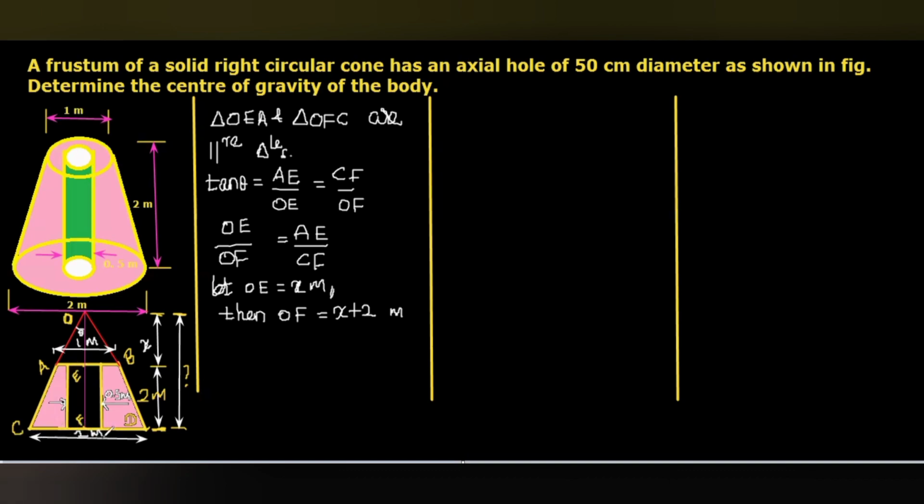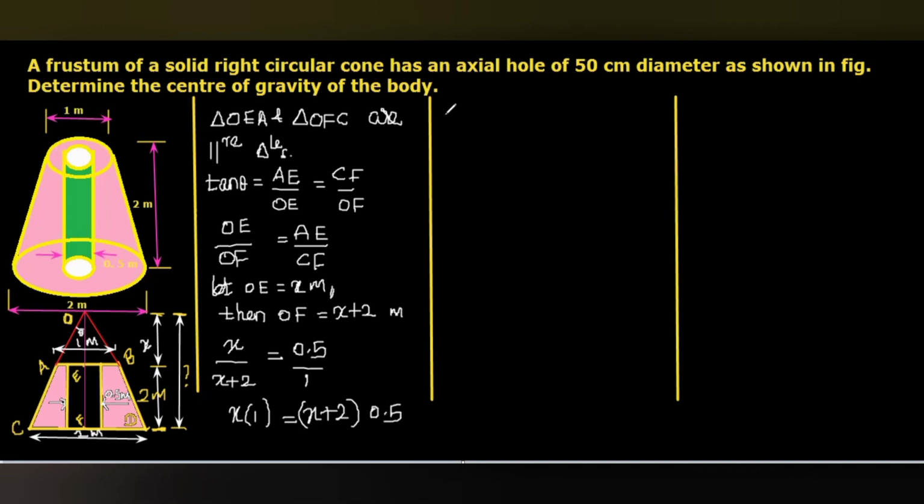CF is half of the base value, so 1 meter. Substituting all the values, x divided by x plus 2 equals AE, 0.5, divided by CF, that is 1 meter. Then cross multiplication: x into 1 equals x plus 2 multiplied by 0.5.